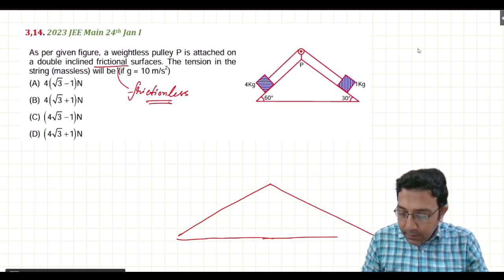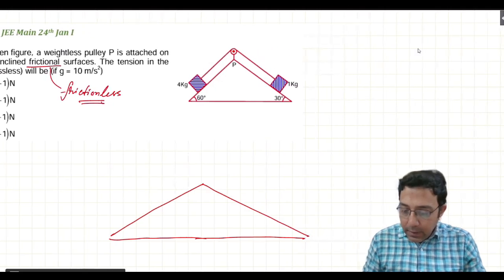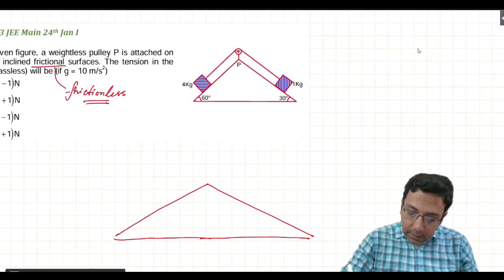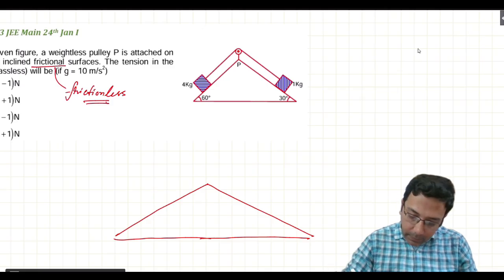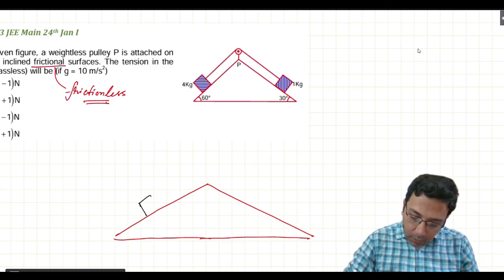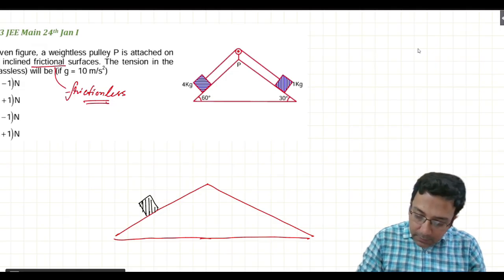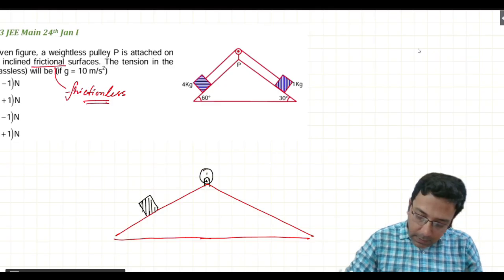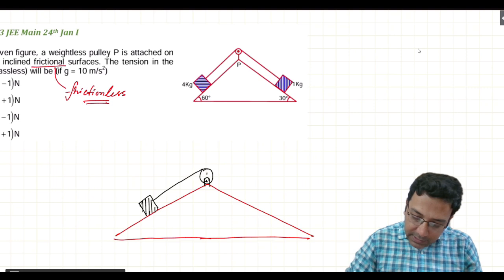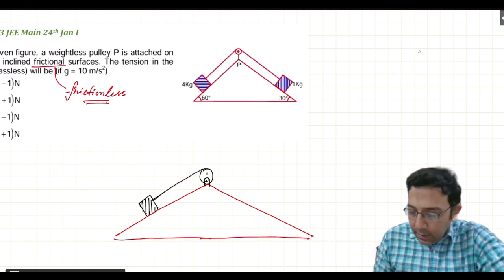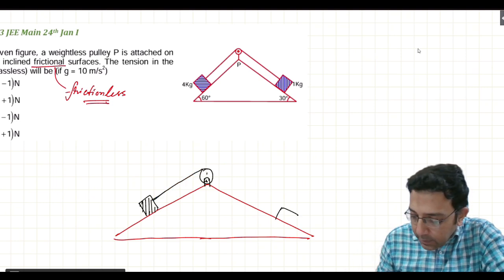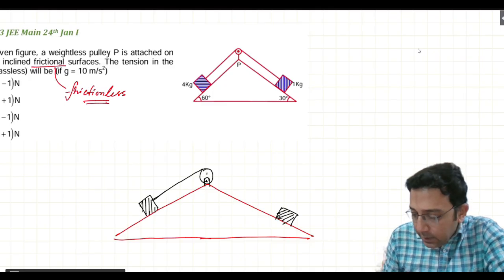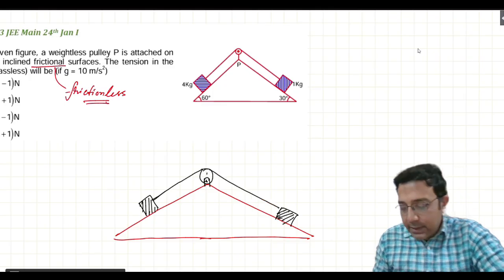Two inclined surfaces are there. There is a body here. Here is the pulley, and it is attached with a string like this, and here also there will be another mass attached with a string.